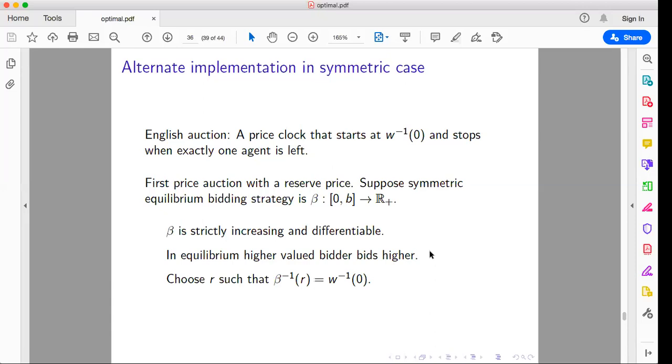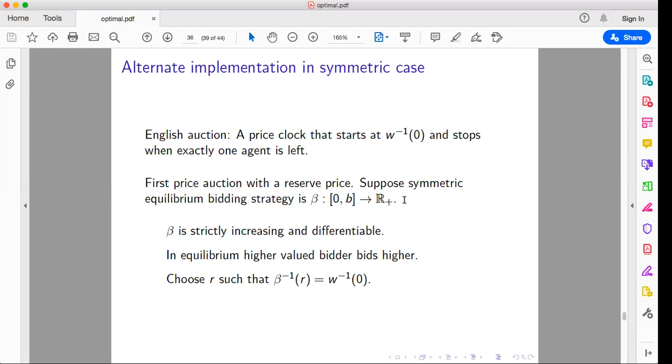Maybe in the slide it's not clear, but if you take this as an exercise and show that if you choose this as the reserve price, then the expected revenue is exactly the expected revenue in the optimal mechanism in the symmetric case, I think that's a good exercise for you to carry out. The exact form of beta does not matter.